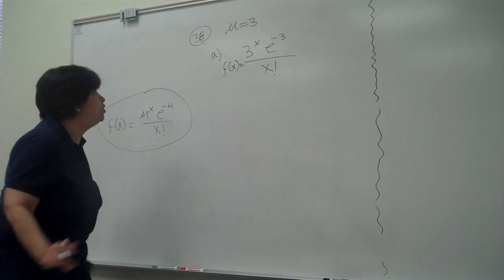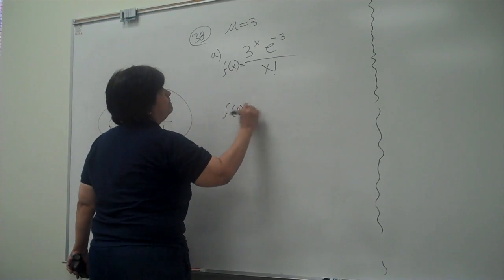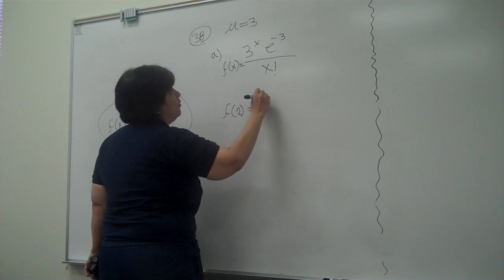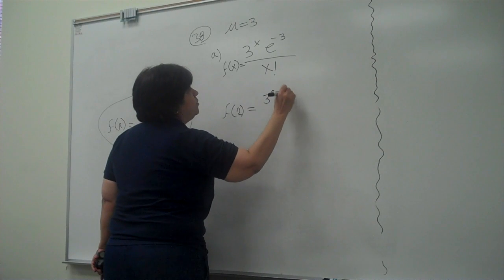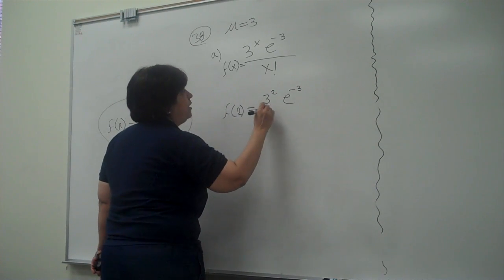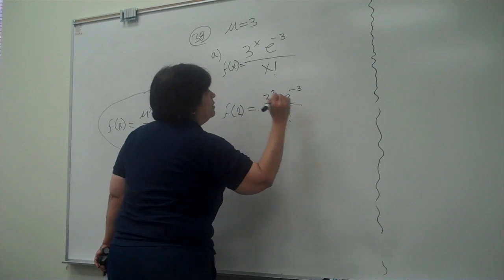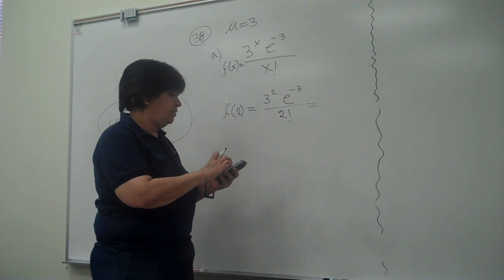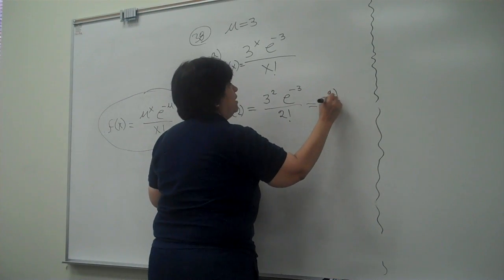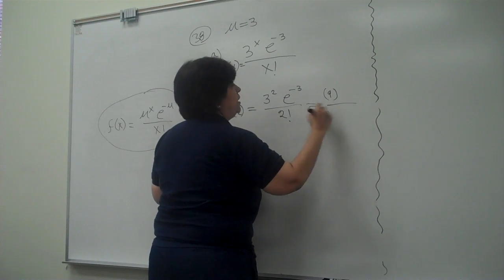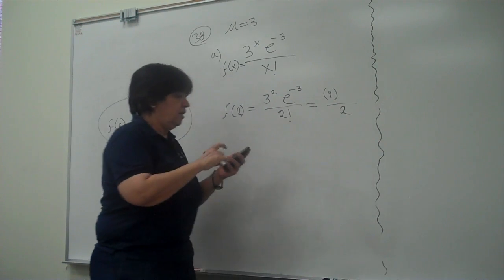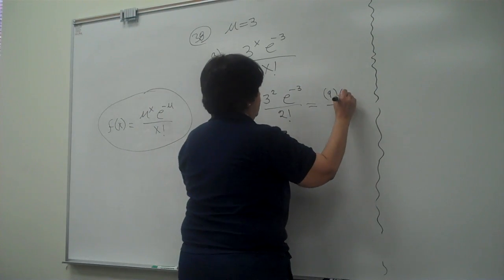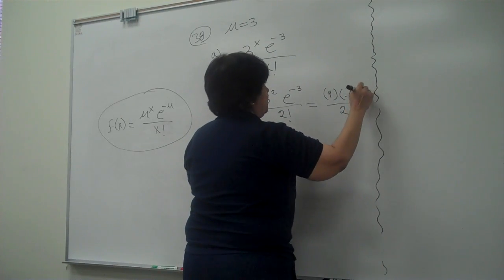B, compute f of 2. What is that equal to? Just put the 2 instead of the x. 3 to the second power, times e to the power of minus 3, divided by 2 factorial. Use your calculator. 3 squared is 9. 2 factorial is 2 times 1, which is 2. e to the minus 3 is equal to 0.04979, whatever.